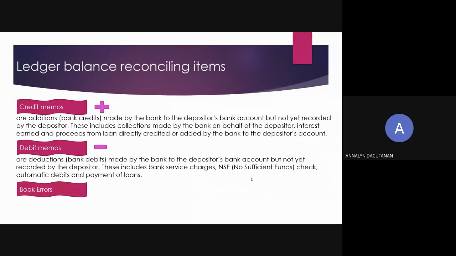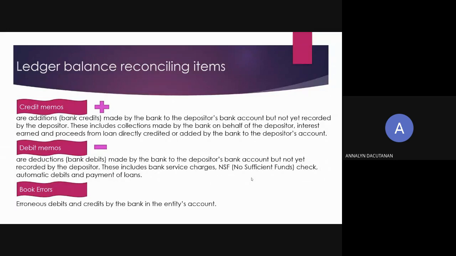And lastly, of course, if we have bank errors, bank na yon, di ba? Machine na yung gamit doon. What more? Feeling ko mas maraming mali sa book errors. Especially if traditional ka, nasa libro sulat mo pa, mas maraming mali ang pwedeng mangyari.